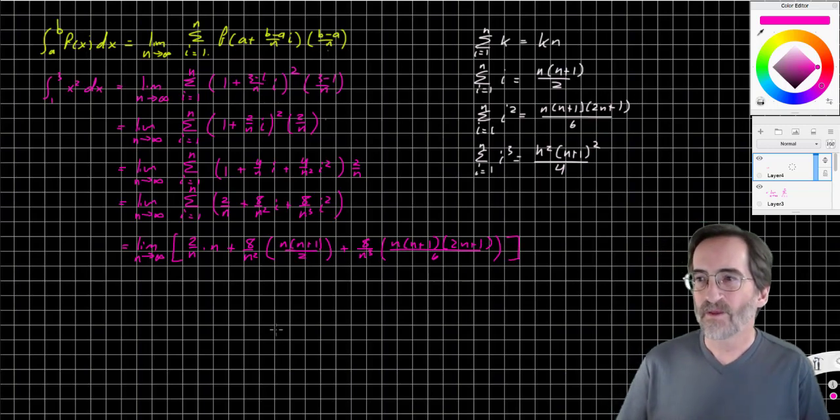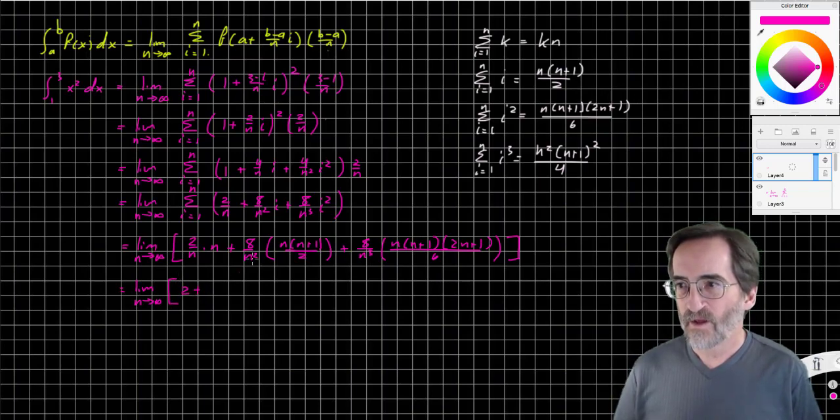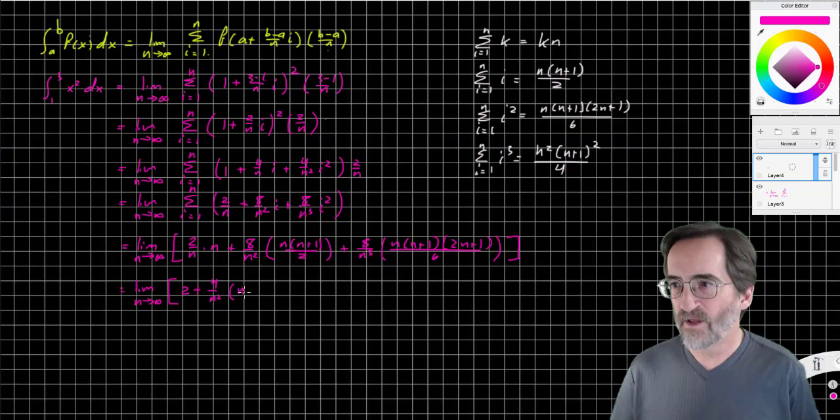Okay, and then we expand the limit as n goes to infinity: 2 over n times n is 2. 8 over 2 simplifies to 4 over n squared times, distributing, n squared plus n.